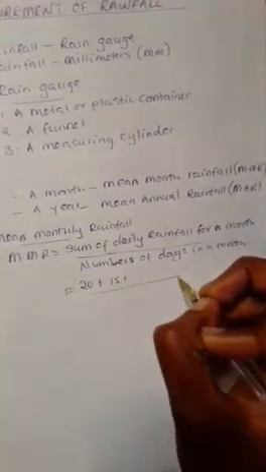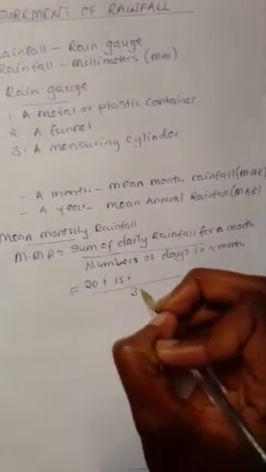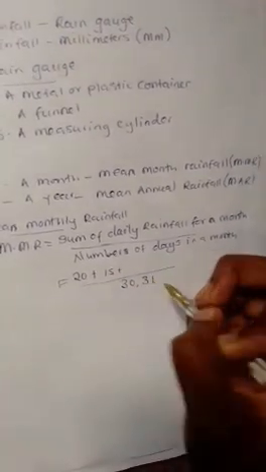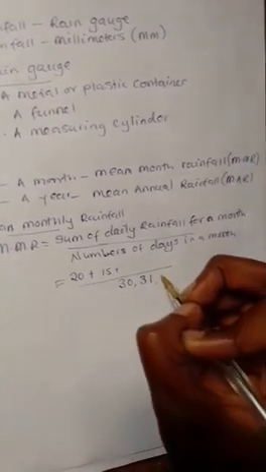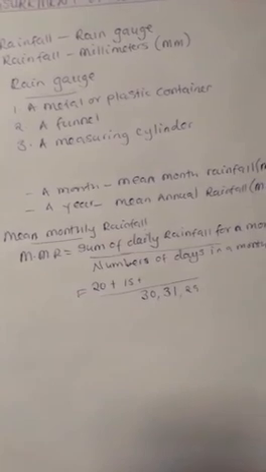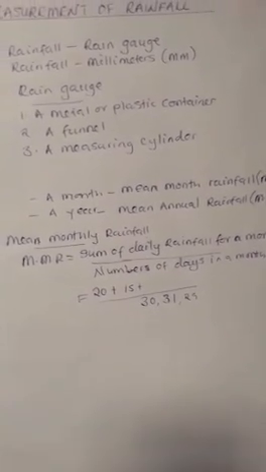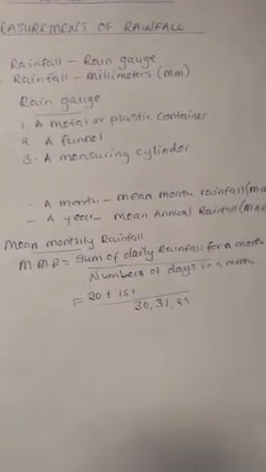Then you divide by the number of days in that month. November has 30 days. So mean monthly rainfall is the sum of rainfall received in each day of that month, divided by the total number of days in that month.